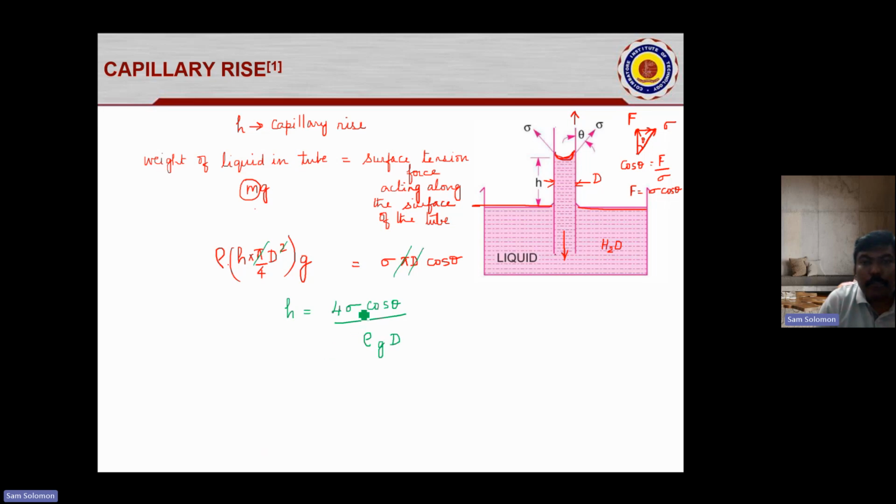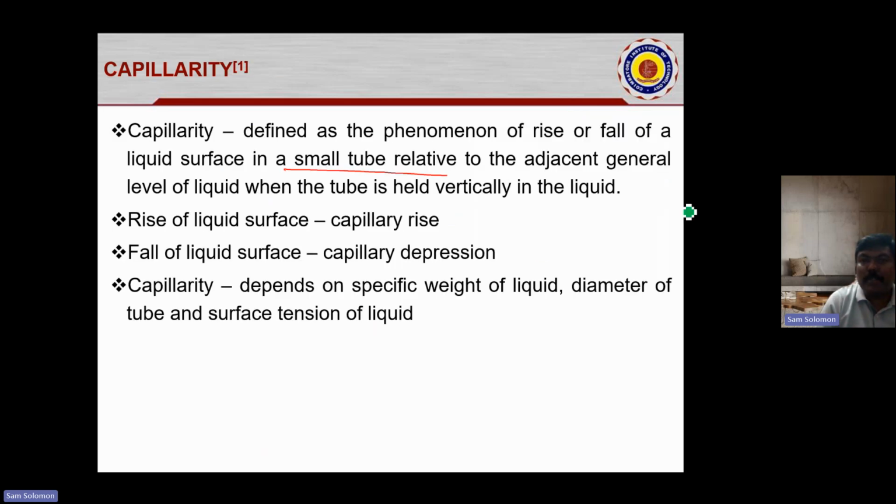Am I right? So this 4 goes over here, 4 sigma cos theta, and what is left out is rho, one of the d's, and g.